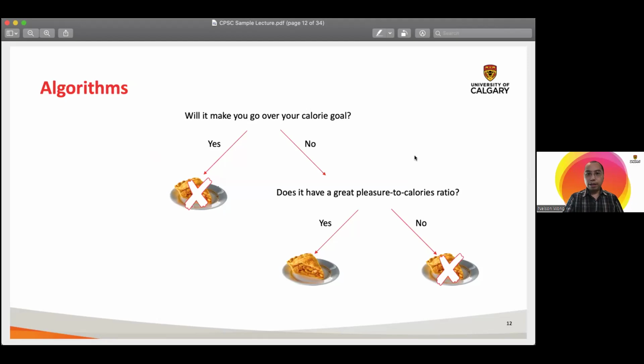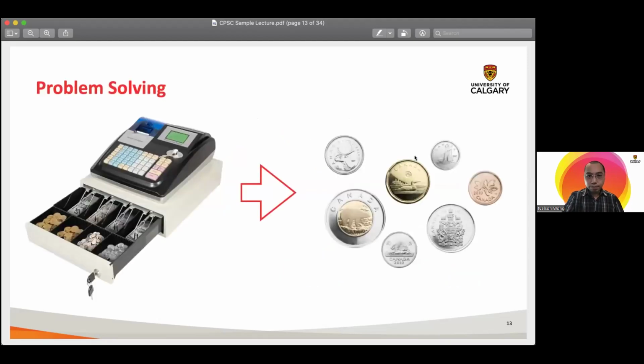Now, this is another example. I'll show you some other ways to express algorithms. So think about this. Let's say you want to buy something from a local convenience store, and it only accepts cash. Let's say something costs $4.50 and you have a $10 bill.